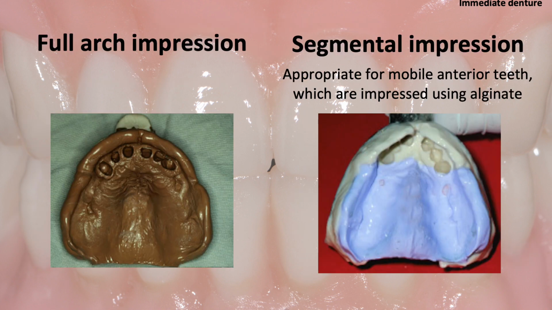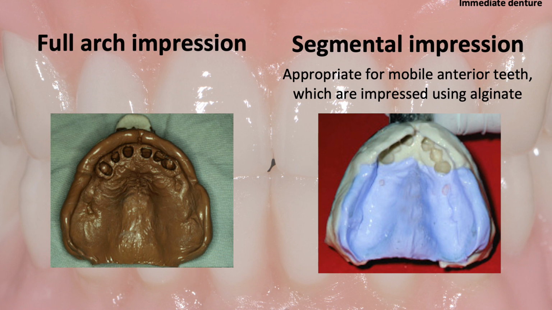In terms of making impressions, you should know that, especially if you're thinking about whether you would extract all teeth at the same time or extract in sequences, you should know how your impression making technique can vary.